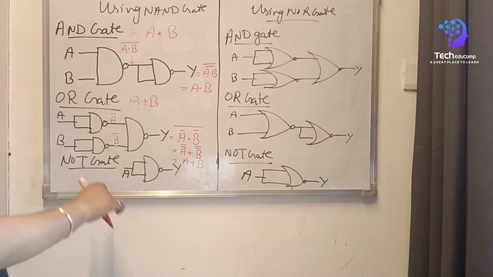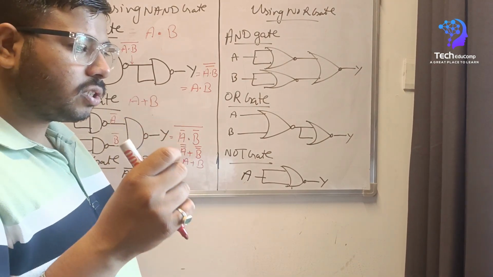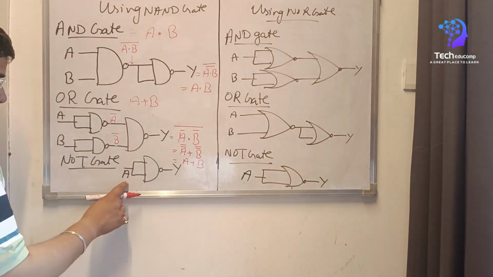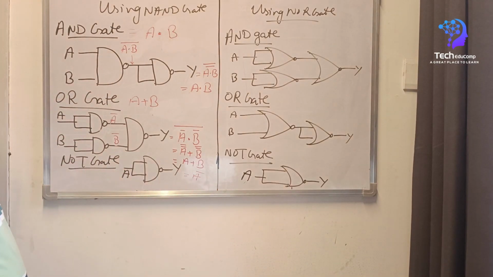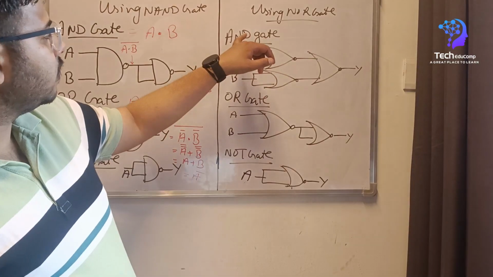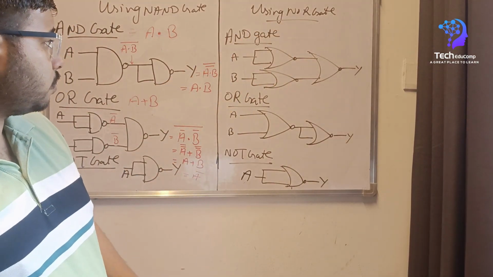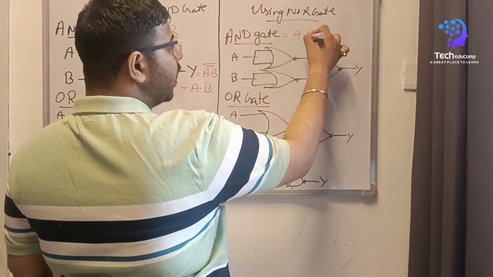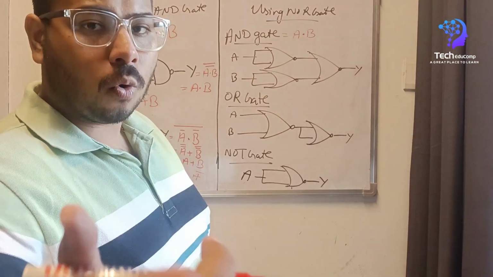Now, what about the NOT gate? NOT gate has only one input and it works as an inverter. It just complements it. So A will get converted to A bar. Simple. Now, how can we implement these three gates using an OR gate? Here also, the expression is A dot B, but OR gate represents A plus B whole bar.